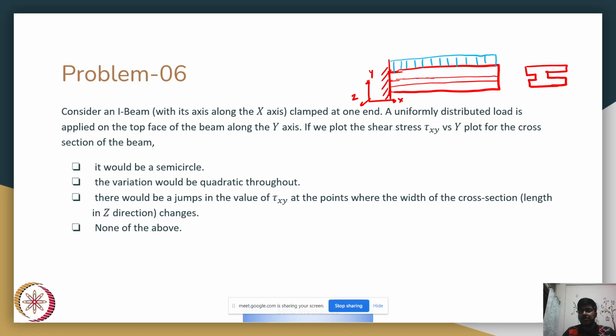Okay, this is our uniformly distributed load, b of x is equal to b, and we are asked to comment on the nature of tau xy. So if we plot tau, this will be tau yx. So we are asked to comment on tau xy as a function of y.